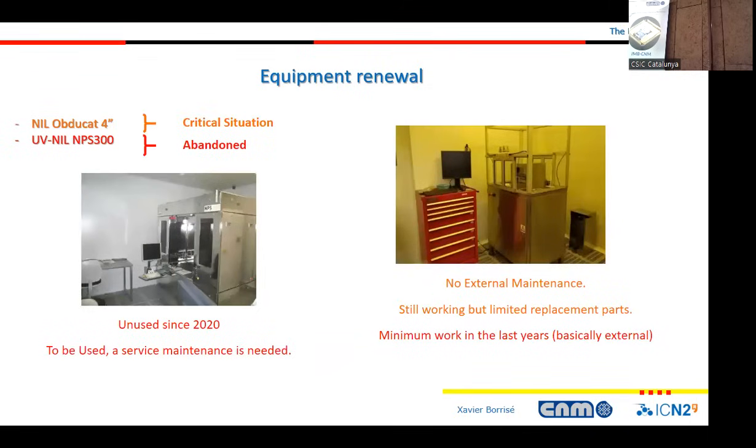Finally, regarding the nano-imprint activities, as I mentioned, we have this system which has been unused since 2020, so now it's completely abandoned and needs to be serviced if needed. And then we have this nano-imprint which is still working, but at a minimum. In fact, we are only providing service to some external users, which is basically to the students, and nobody in the house is using it.